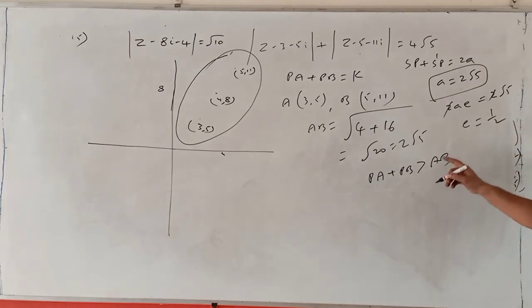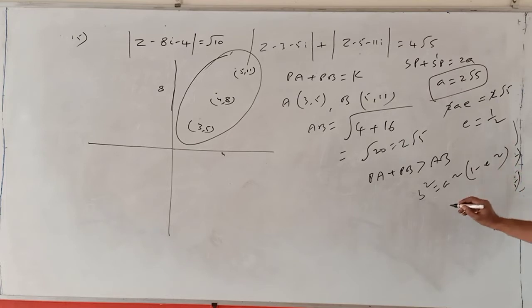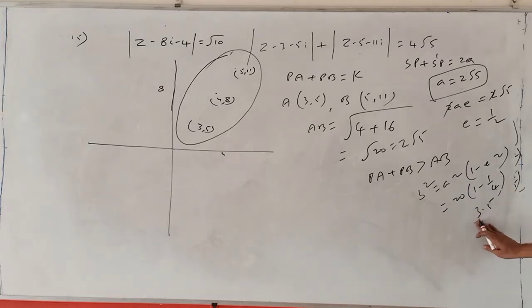Okay. Now we can find b by using a and e. b square equal to a square into 1 minus e square. a square value is 20, 1 minus e square value is 3 by 4. So 20 into 3 by 4 means 15. b square value is 15.